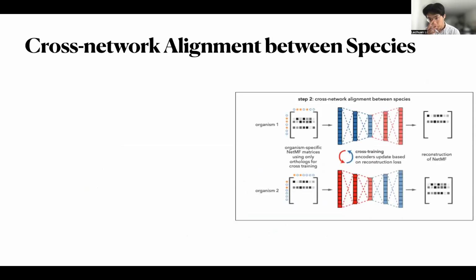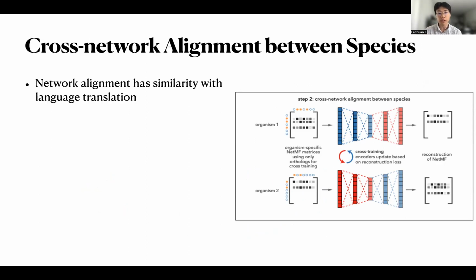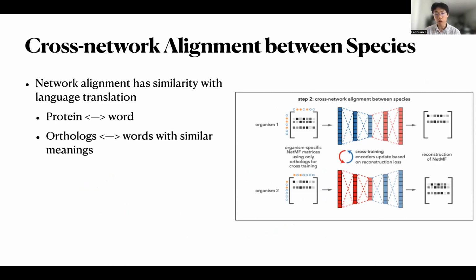And the second part is a cross-network alignment process, which is applied once we have 2 autoencoders and each generates embeddings for 2 species. We use an idea inspired by natural language processing, more specifically language translation, where we can consider proteins as words and the orthologs as words with similar meanings.